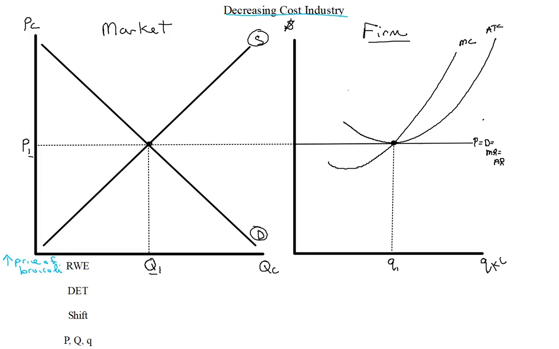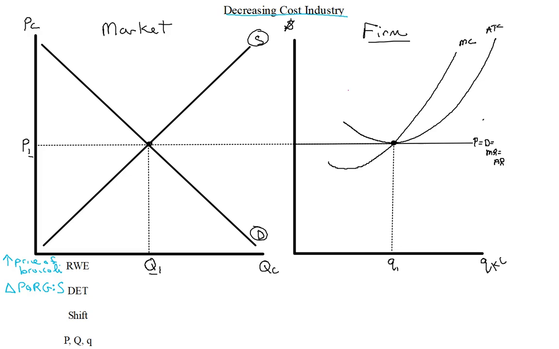Well, when the price of broccoli goes up, people are going to buy less broccoli than they did before. Instead, for their dinner, they're now going to buy a different vegetable, let's say carrots. So this is going to be a change in the price of related goods, substitutes, because I'm arguing that broccoli and carrots are substitutes for each other.